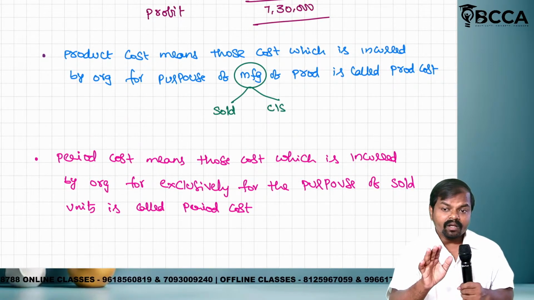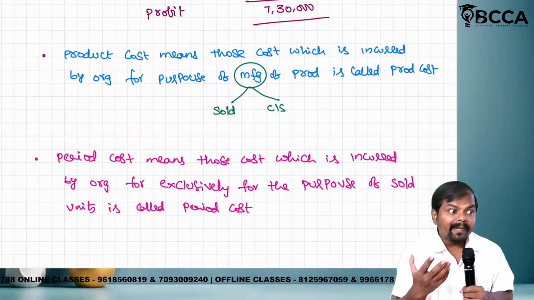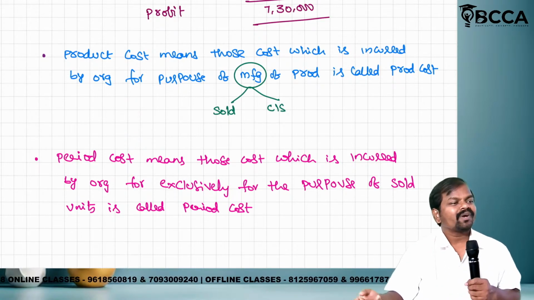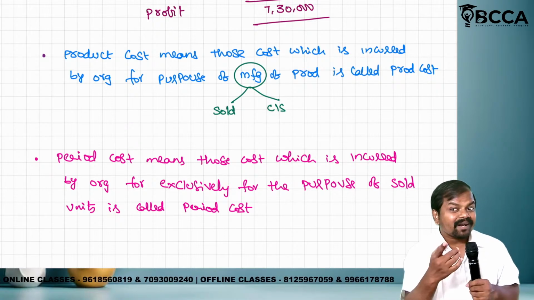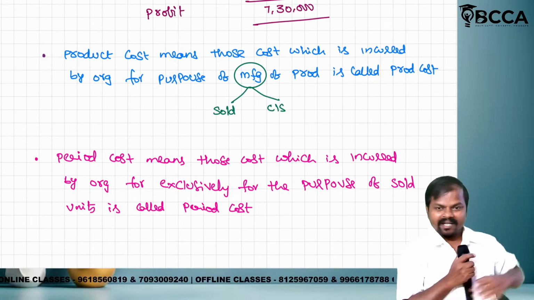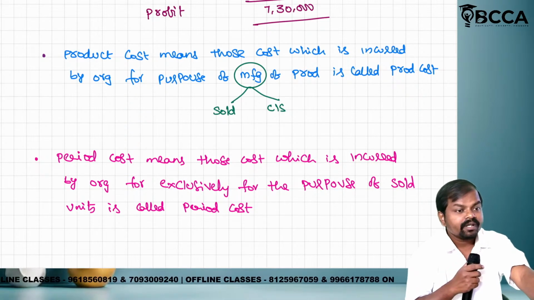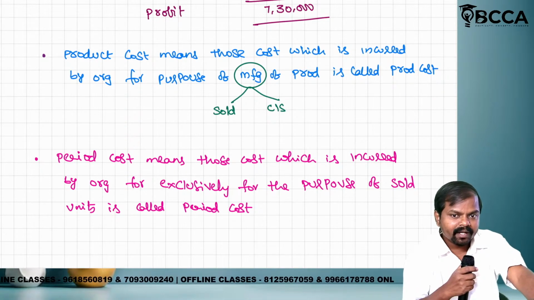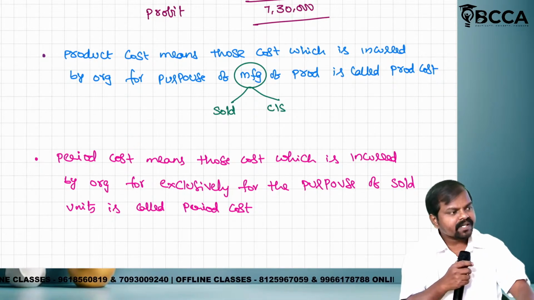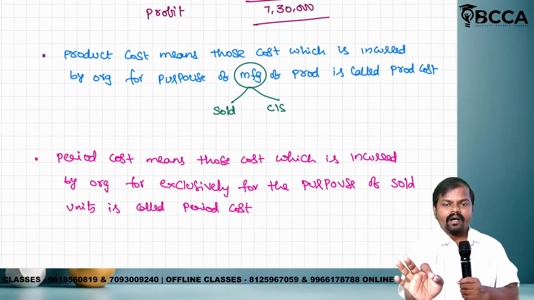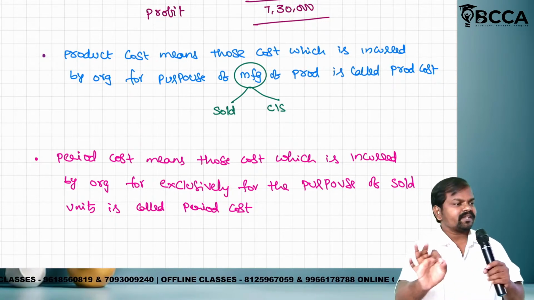See, without manufacturing company working experience, you can't bifurcate whether it is product cost or period cost. The definition is very easy, but if I tell any cost, can you bifurcate product or period? We can't. That is the reason an alternative definition is given. All trading account items will be referred to as product cost.